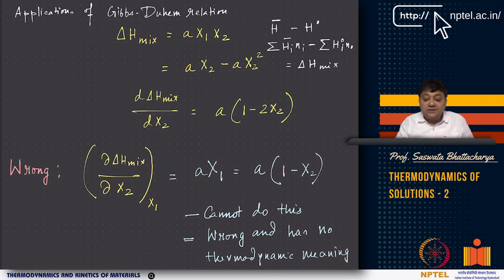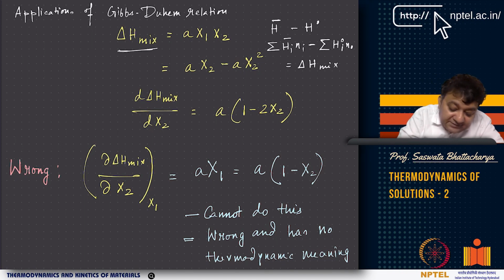Now in this case we are looking at the total one, but you can think of the molar one. If this is the molar enthalpy of mixing, then you can directly write it in terms of x1 and x2, which are mole fractions.